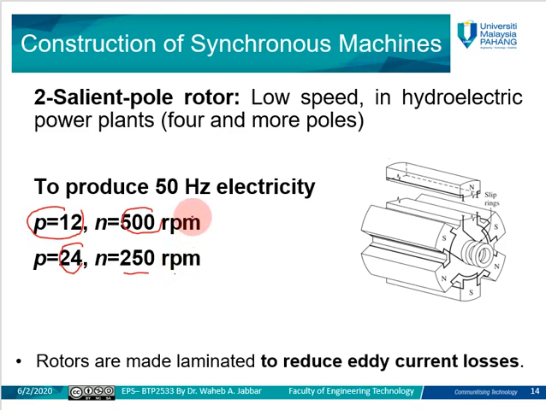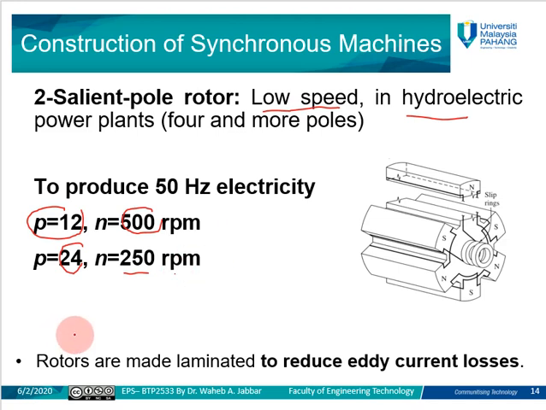This type of rotor is used with low power plants, or plants which require a low-speed turbine. In the case of a hydroelectric turbine, for example, this type of rotor is preferred.